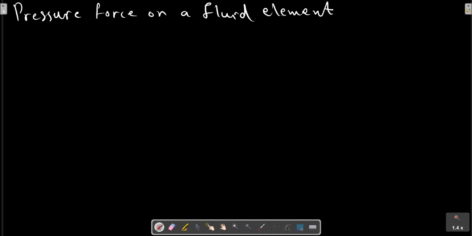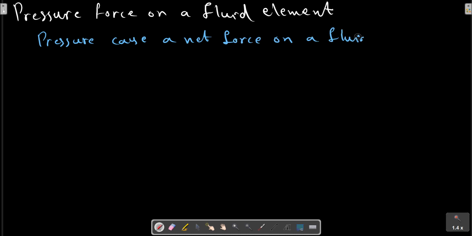Pressure causes a net force on a fluid element when it varies spatially.